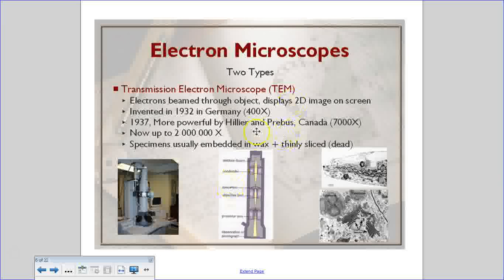Okay, so the first one we talked about, transmission electron microscope. The electrons go down through the specimen. Here would be the specimen here, and it's detected by a special detector at the bottom, or sent to your eye, or sent to a computer. So here's a picture of an older one. This one's huge.